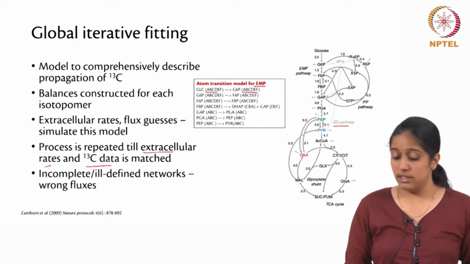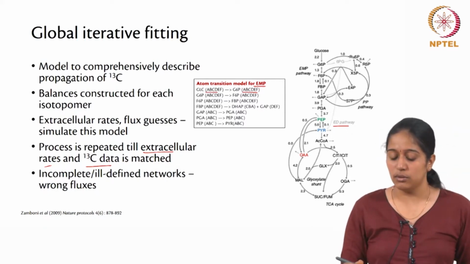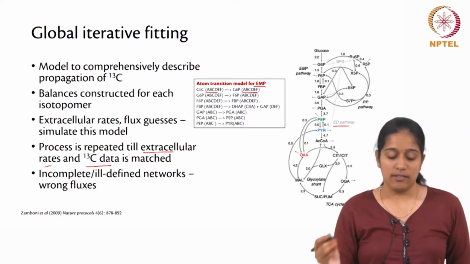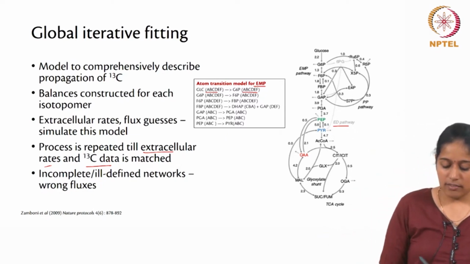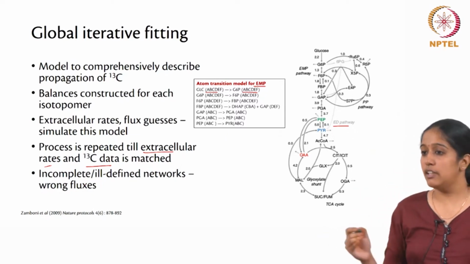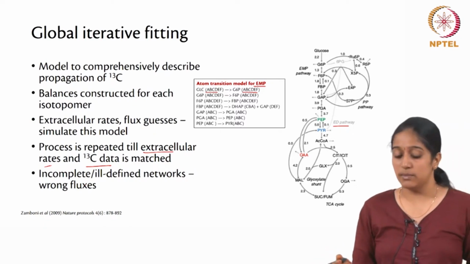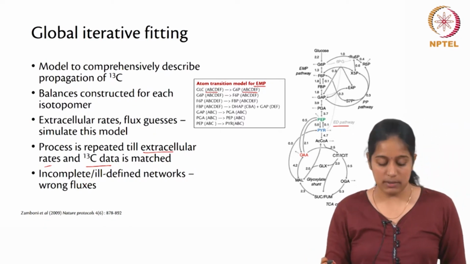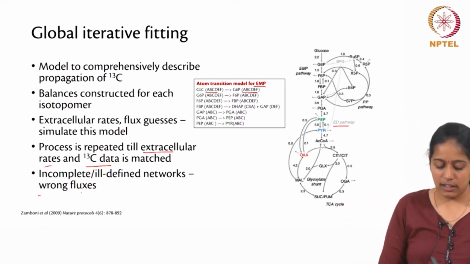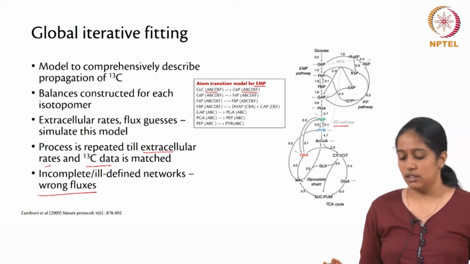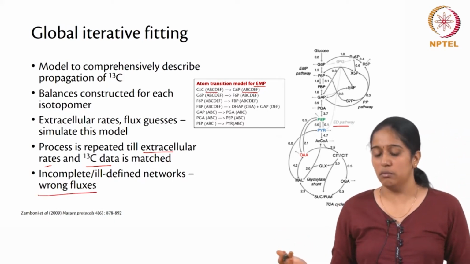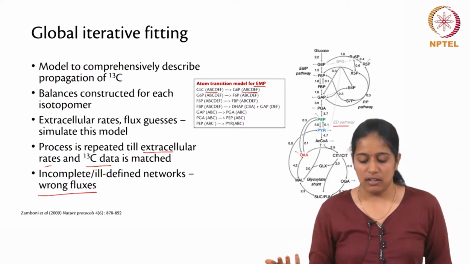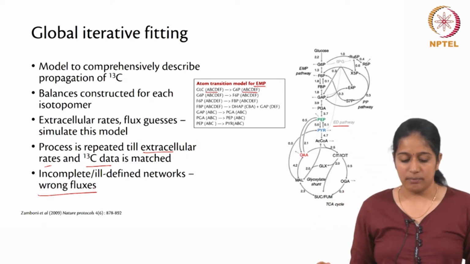The only problem with this kind of approach, although it gives you a good metabolic flux map, is that if you have an incomplete or an ill defined network, say you make some mistakes in generating your atom transition model, you could obviously get wrong fluxes, and this could lead to multiple other incorrect and false data.